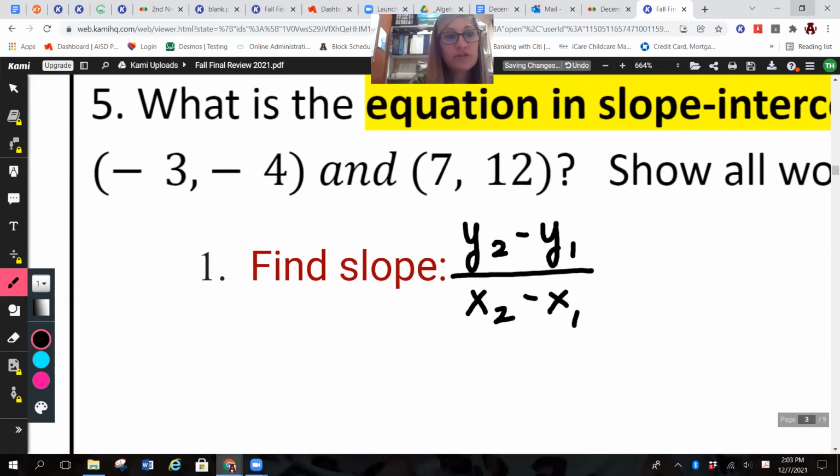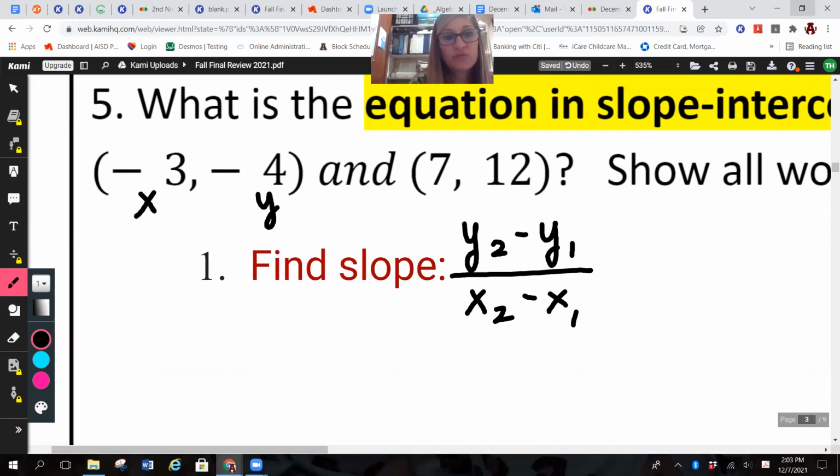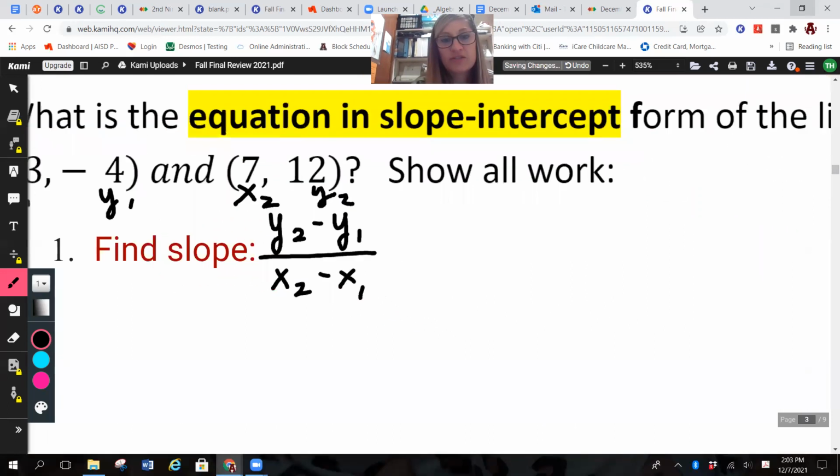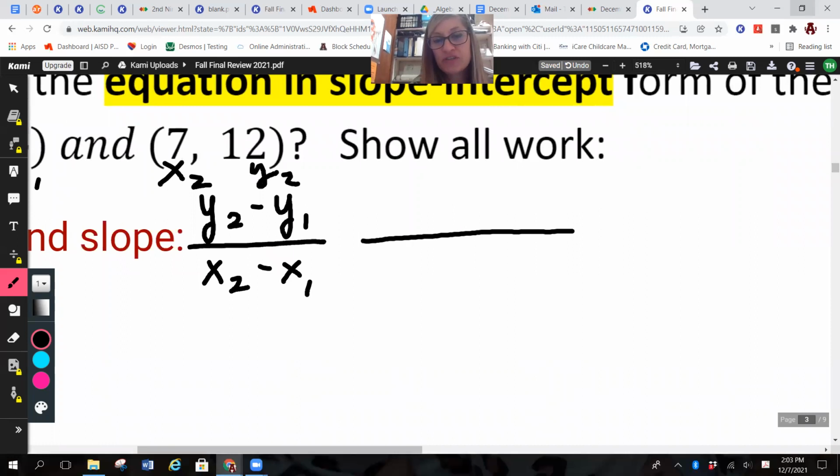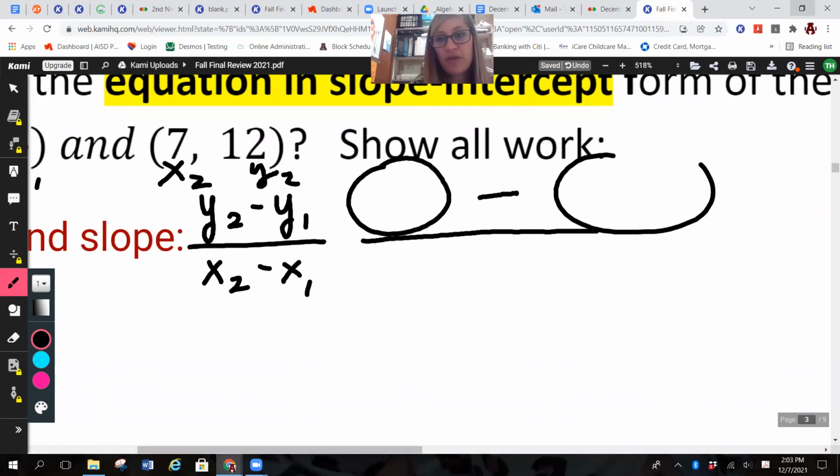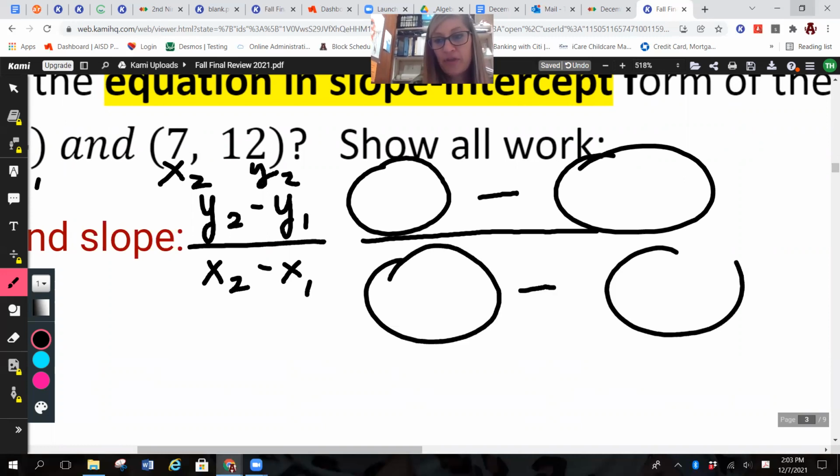Remember what we do here is we label xy, xy, 1, 1, 2, 2. Next, you're going to get your formula set up for success. You need to put the number here and minus the number there. The number here minus the number there. And 4 numbers need to go into those 4 circles.